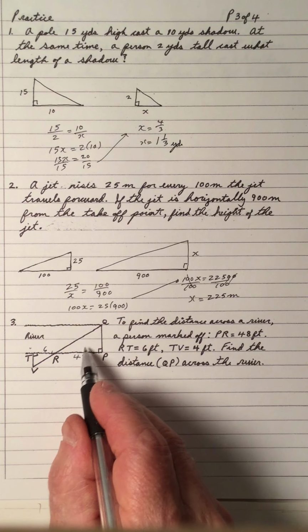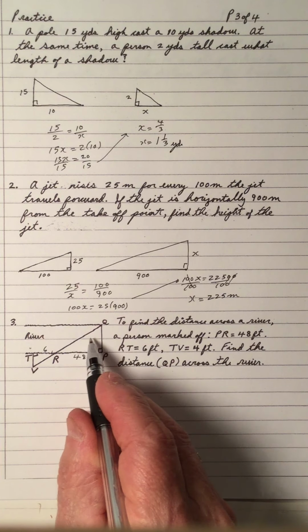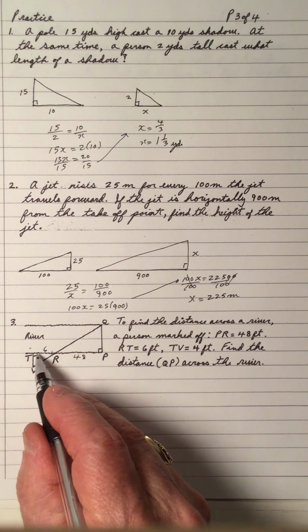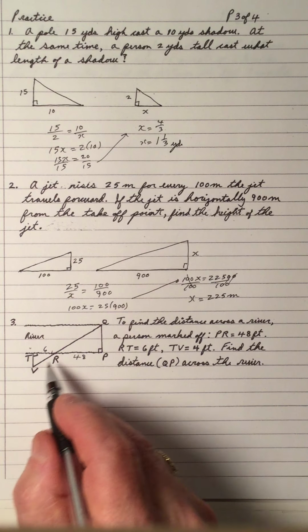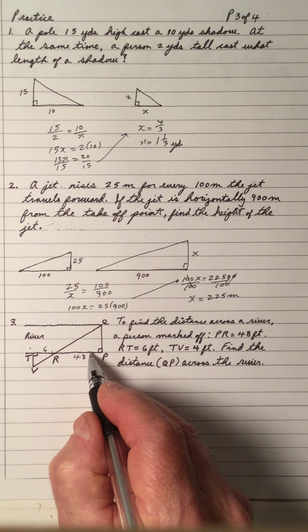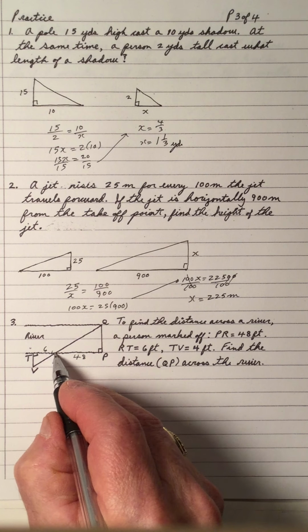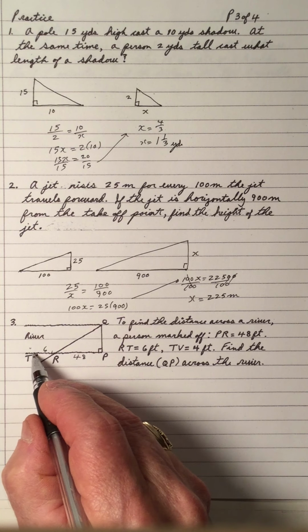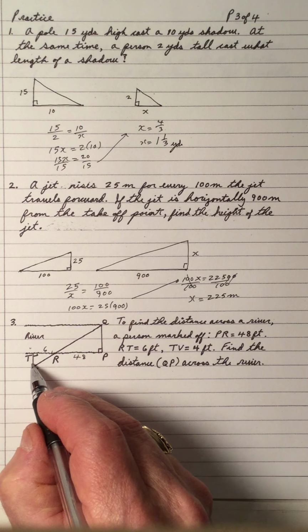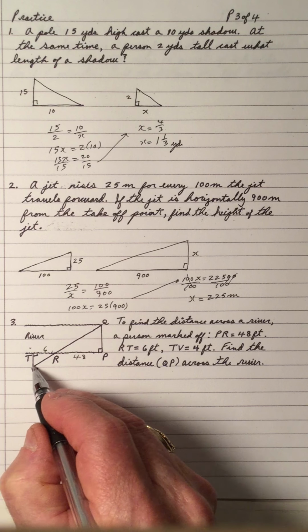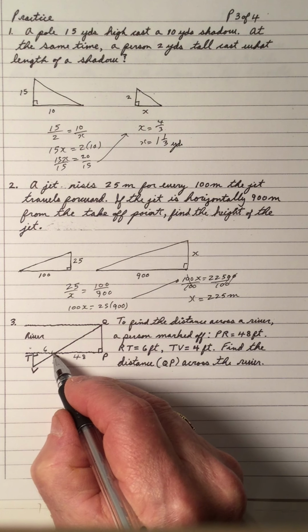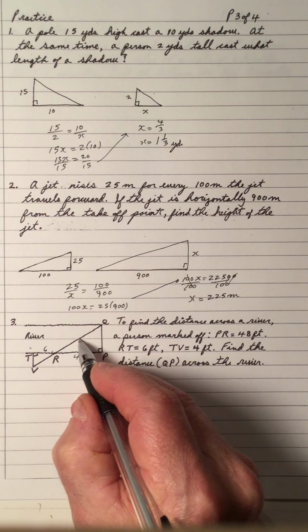So I'm making these distances here 8 times bigger than the distances in these triangles. So if you leave here and walk 48 feet, and you leave here and walk 6 feet, now you walk out here until the line of sight passes through this point and also goes through Q.